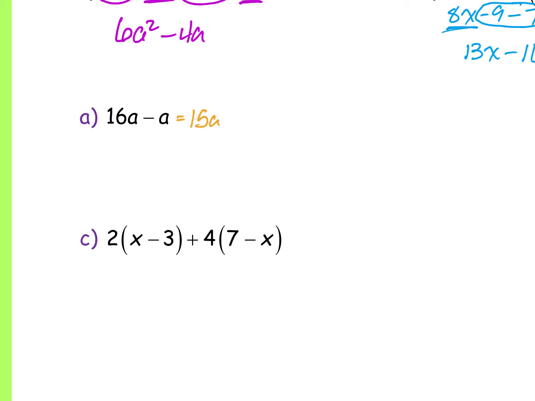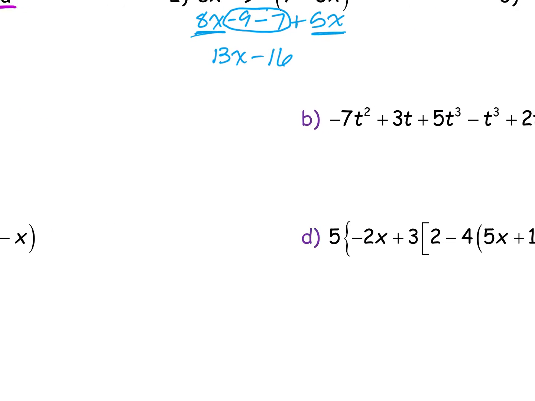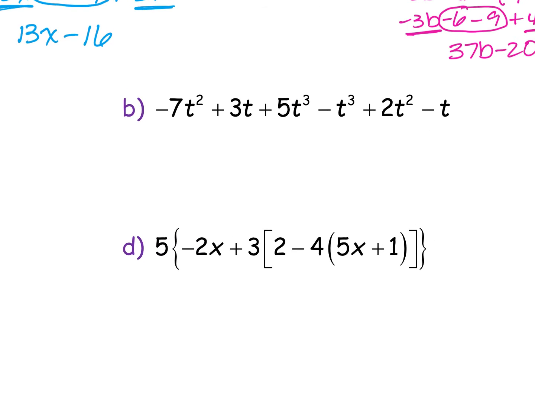Awesome. So what about B? 4t cubed minus 5t squared plus 2t. Now, if you have your terms in a different order, it's okay as long as you have those terms, right?